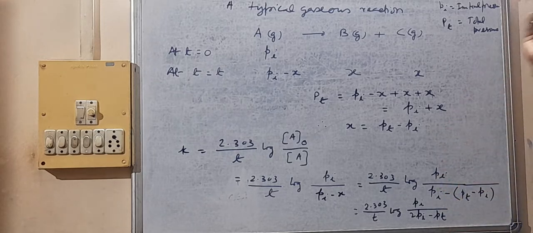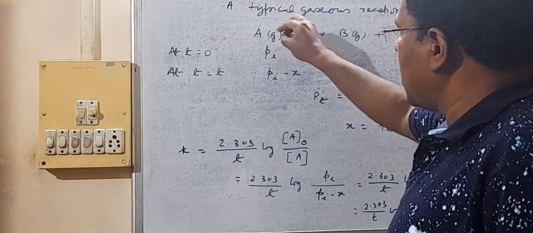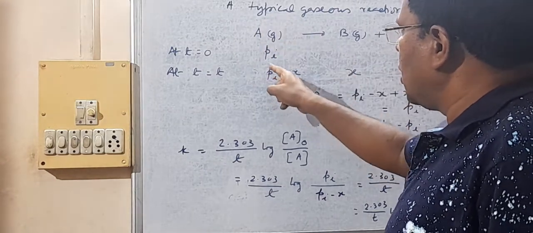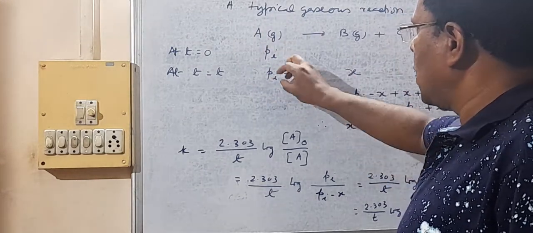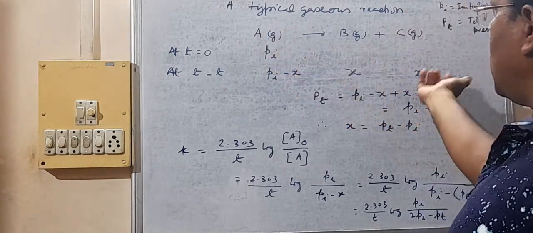So at time t, we can write that some amount of A will decrease. That's why Pi minus X, and if some amount of A decreases, same amount of B and C will be produced.